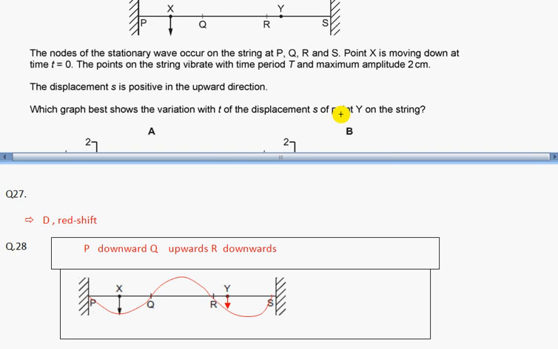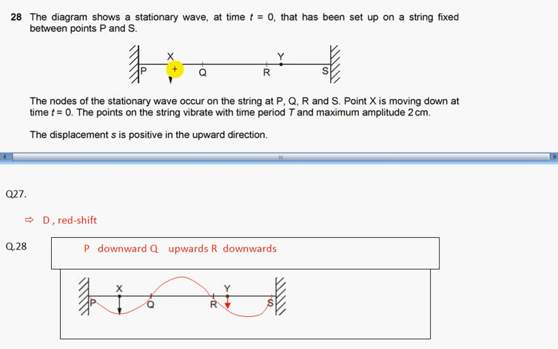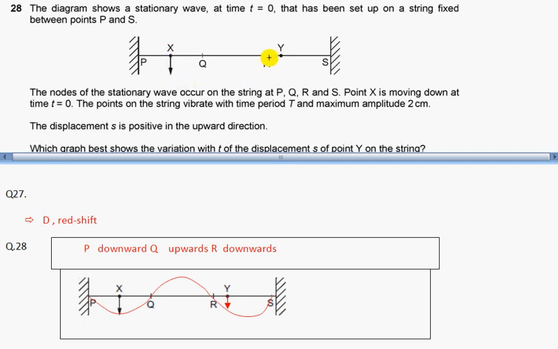So from time 0, we get this picture here. Here we'll get antiphase and here we'll get in phase. So Y and X will be in phase, but because Y is not in the middle, it has less amplitude than the maximum of 2 centimeters.